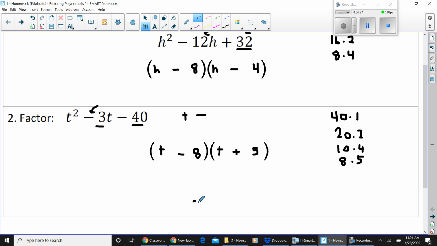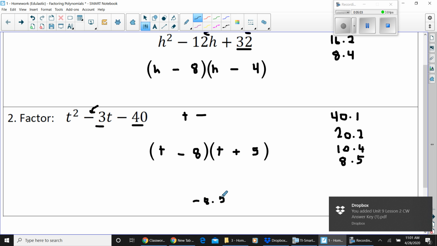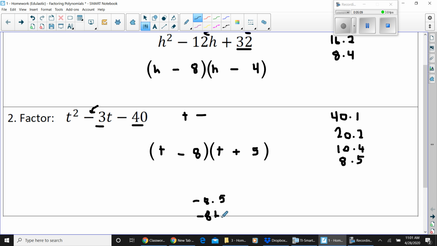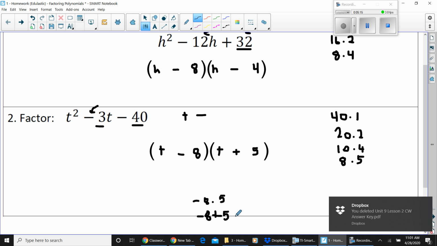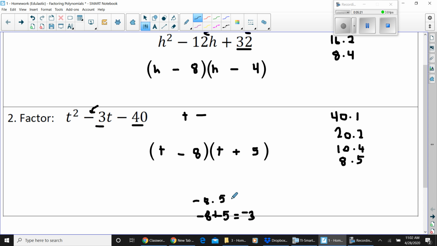So I'm just going to do negative 8 times 5 just quickly, and that equals negative 40. Negative 8 plus 5, you can check it out, equals negative 3. So we have the two that we need, and that is the answer completely.